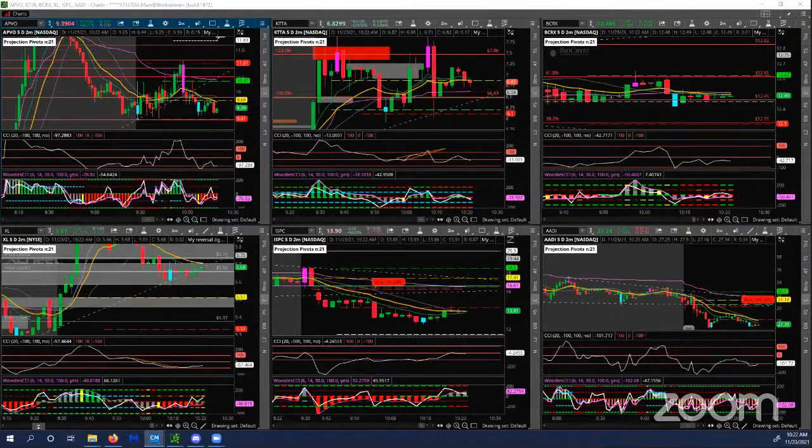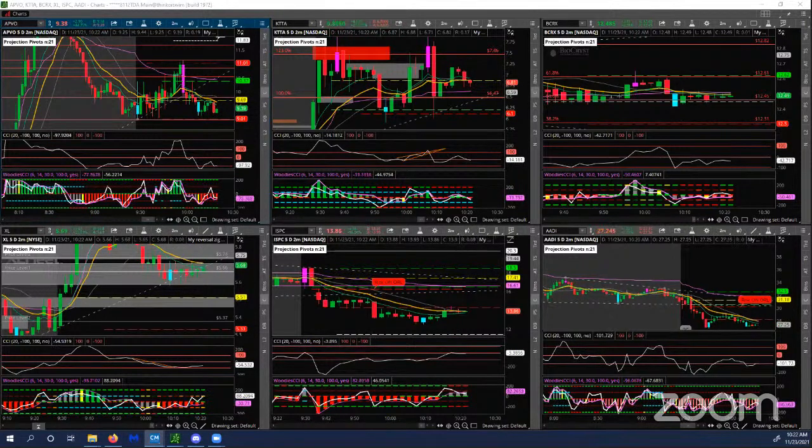I'm just cycling through stocks, trying to find something that's consolidating or flagging at least.